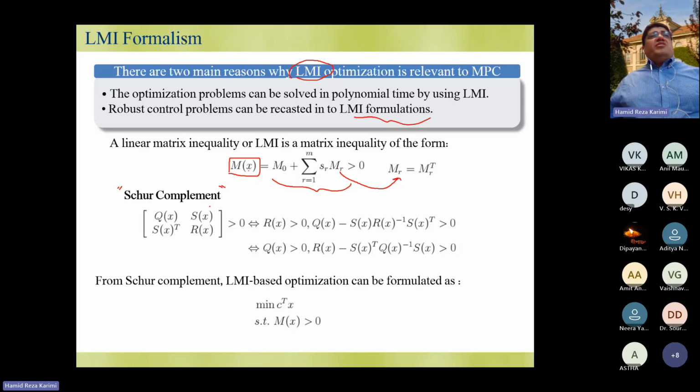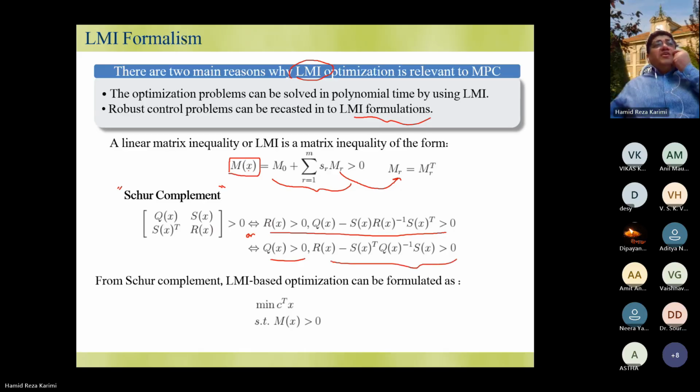It says that this matrix is positive if and only if Rx is positive and this term is positive, or Qx is positive and this term is positive. So from the Schur complement, the LMI-based optimization can be formulated as this: the minimum of c transpose x, as the cost function J, with respect to N(x) positive.